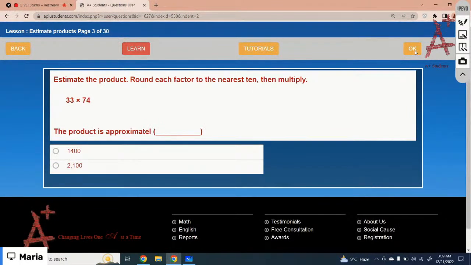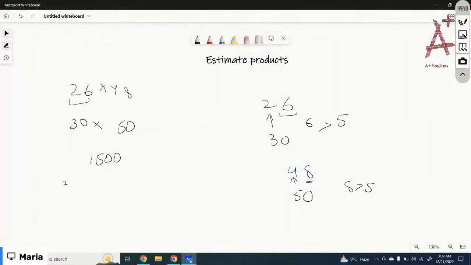Okay, the next one is 33 times 74. So you have to round off the numbers the same way I did for this one. The 3 is at the tens position. The digit right next to 3 is a 3 and 3 is less than 5. Got it? That means you have to round on the same 10. It would be 30. Here you have 74.